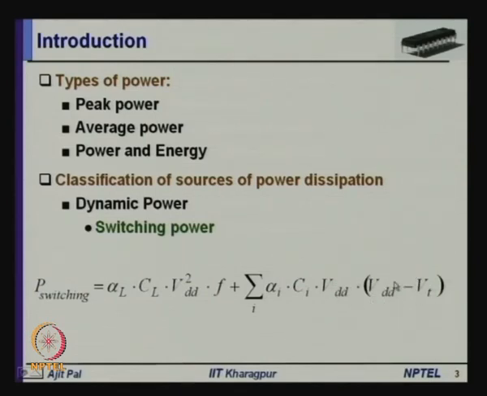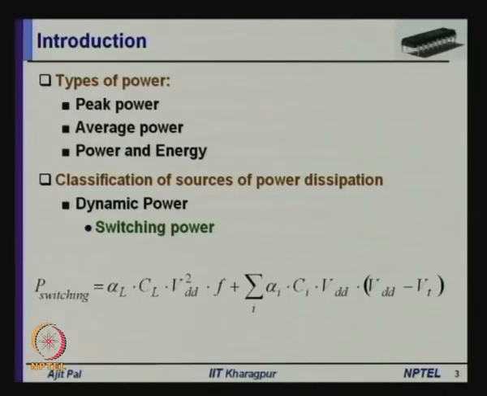The reason is that for internal loads, the voltage does not swing fully from 0 to VDD. When you charge an internal load, it can reach only up to VDD minus Vt, and as a consequence the equation is a little different from the power dissipation of the output capacitive load.